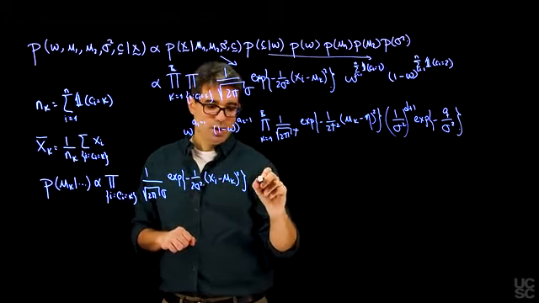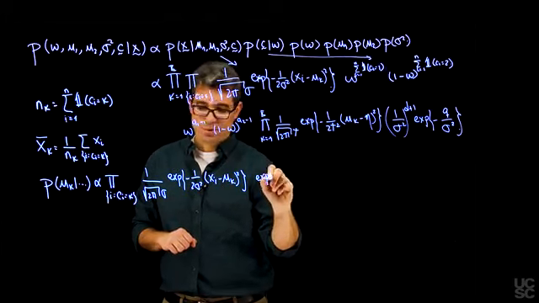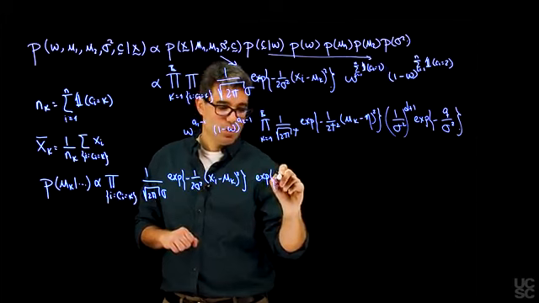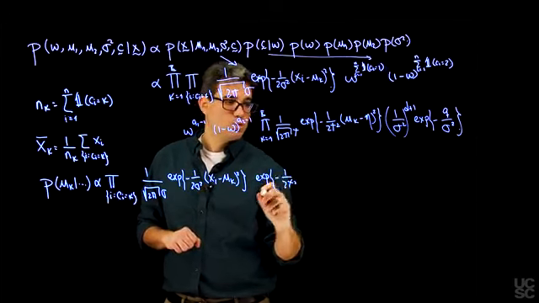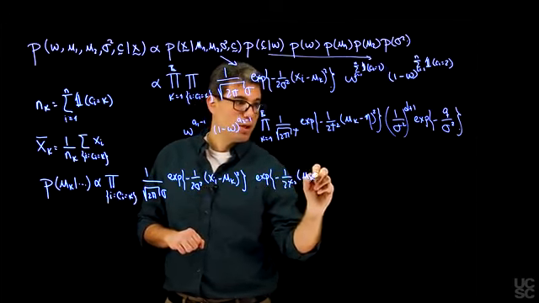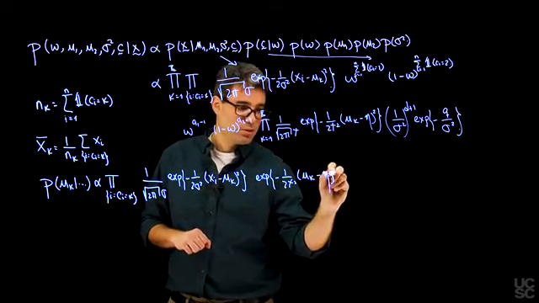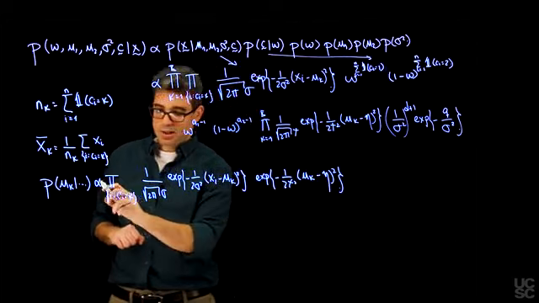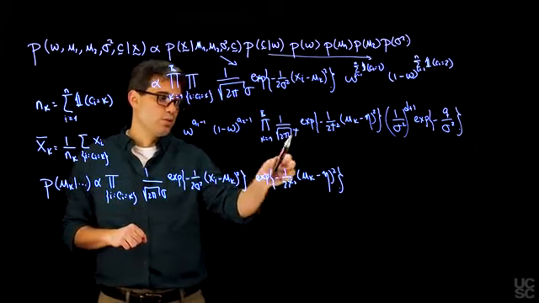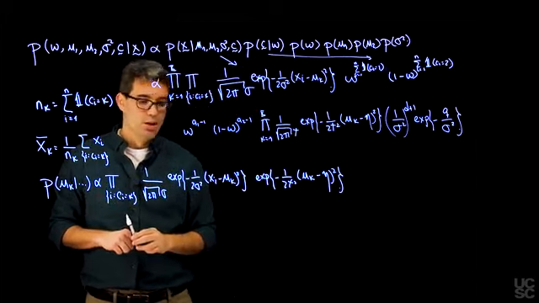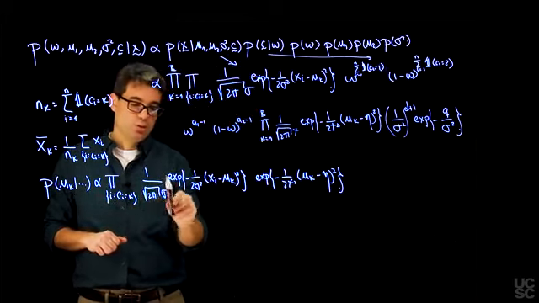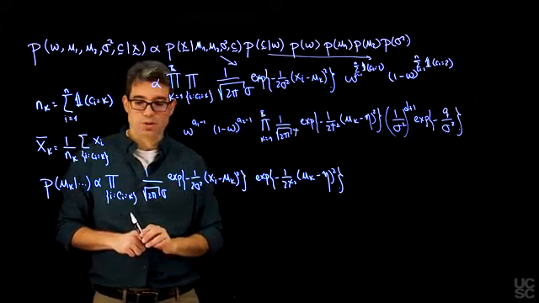And then I'm going to have, times, minus 1 over 2 tau square mu sub k minus eta squared. Remember that this is proportional to, so I can ignore the 1 over square root 2 pi tau, just as I, by the way, could have dropped this already if I want.